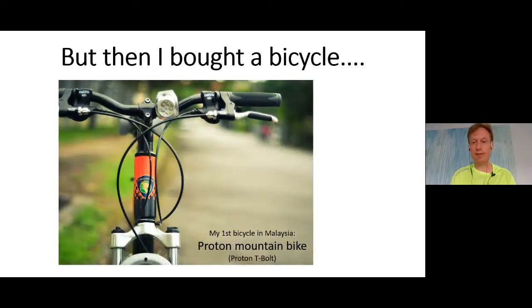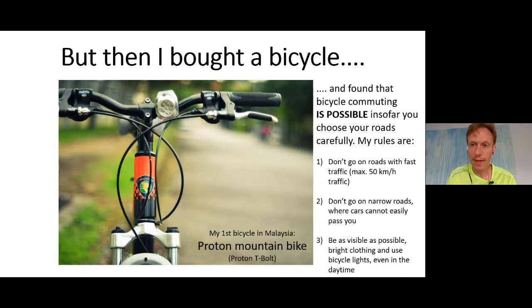But then I bought a bicycle after 2 years, actually one manufactured by Proton, the Malaysian car maker. And I found out that it was actually possible to cycle in Kuala Lumpur after my initial shock.